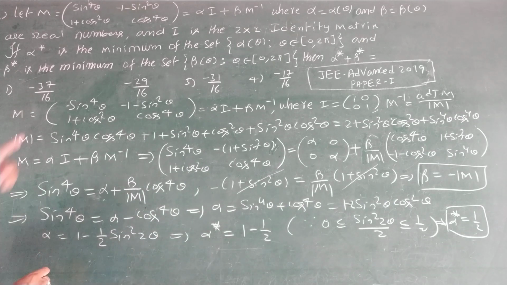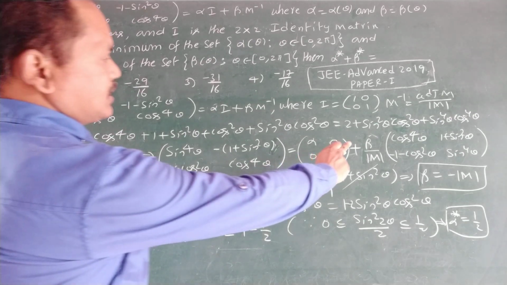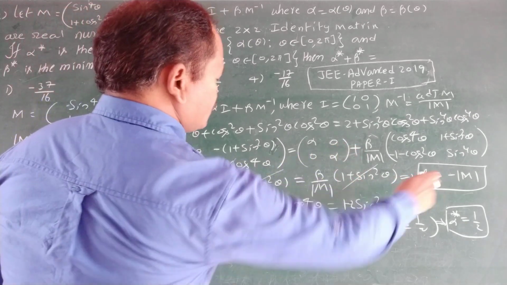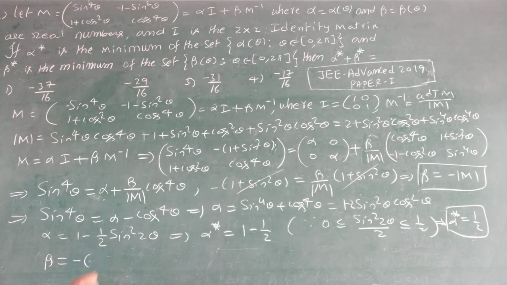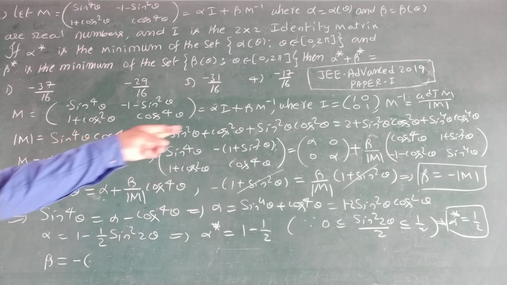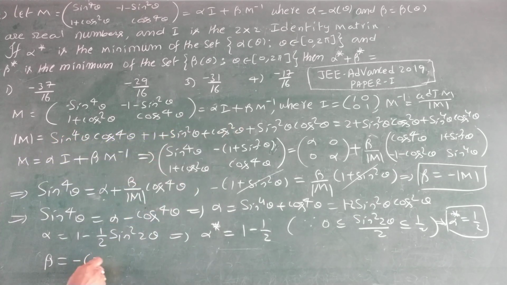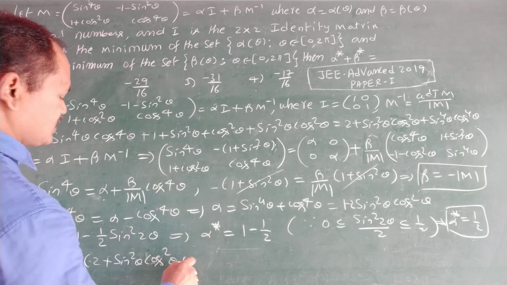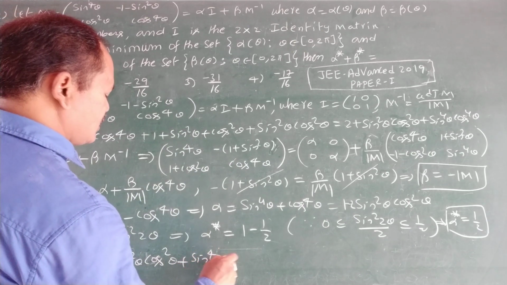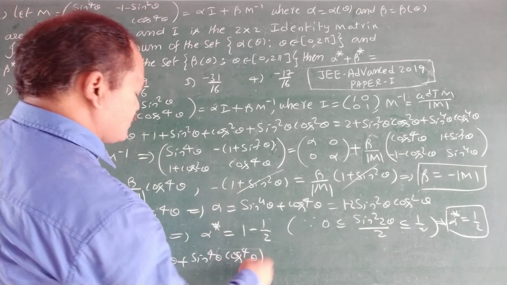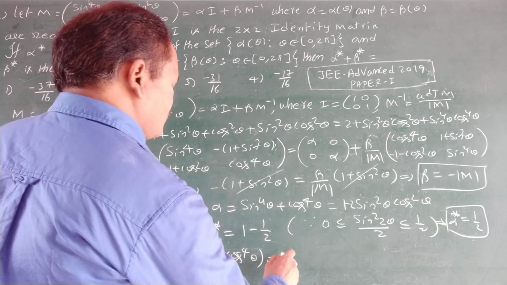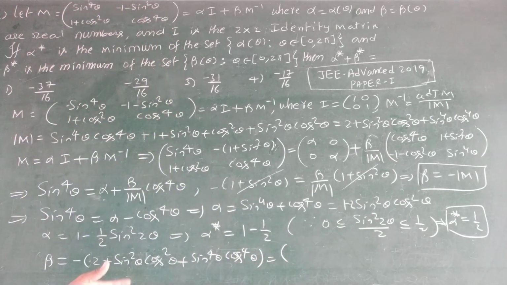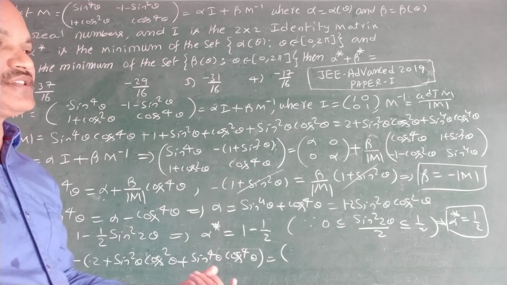So what is β? β is equal to minus of det M. What is that? 2 plus sin² θ cos² θ plus sin^4 θ into cos^4 θ. That's why here also we have to write this according to the multiple and submultiple angles.